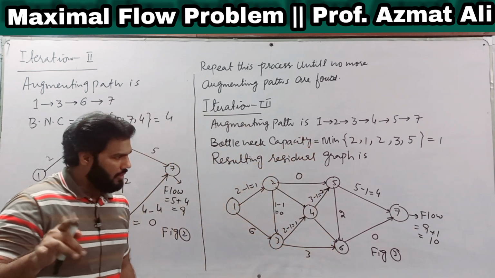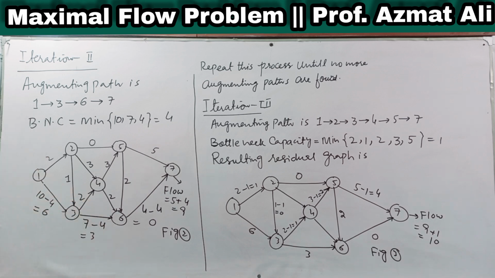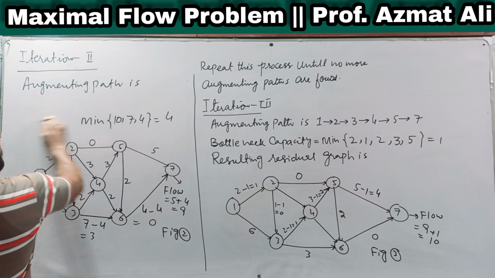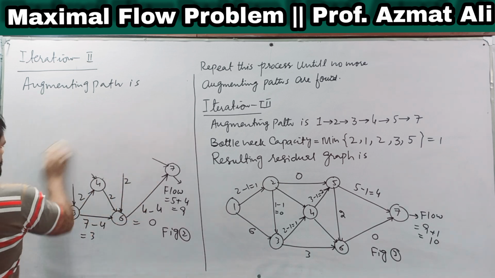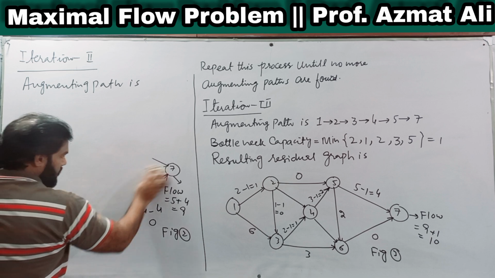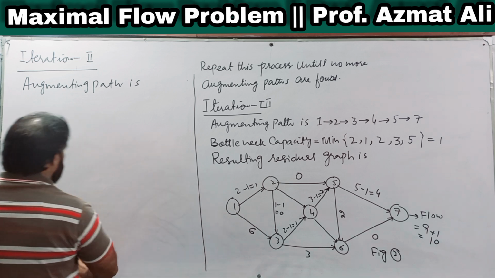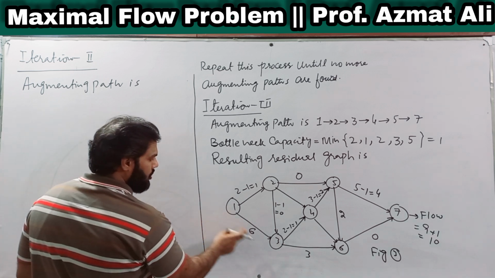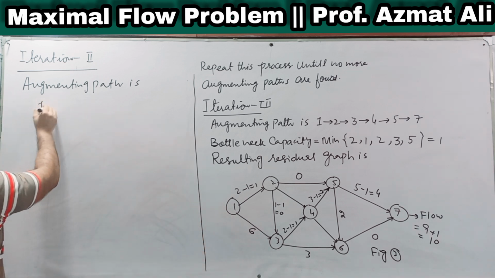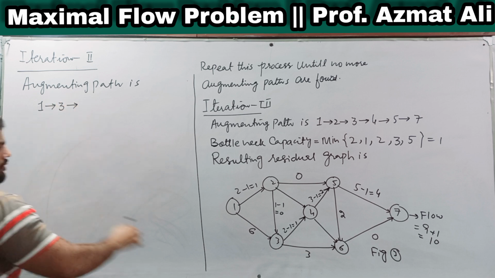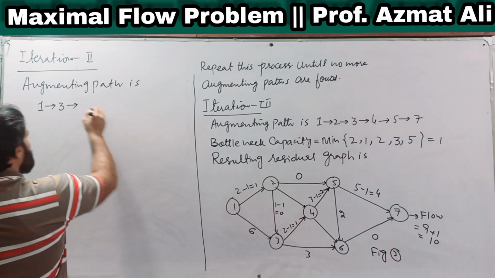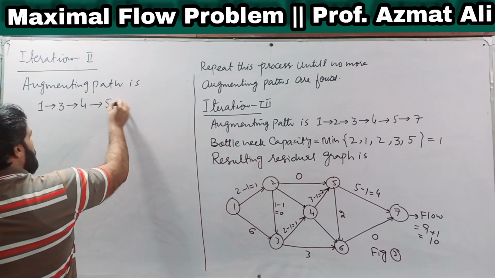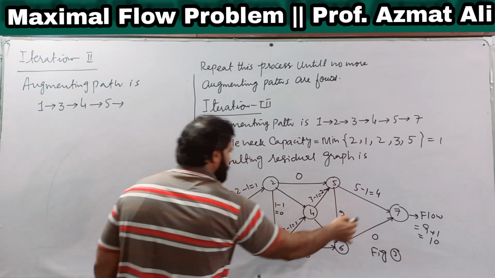So the next augmenting path is, now the augmenting path is node 1 to node 3, node 3 to node 4, node 4 to node 5, and lastly from node 5 to node 7.